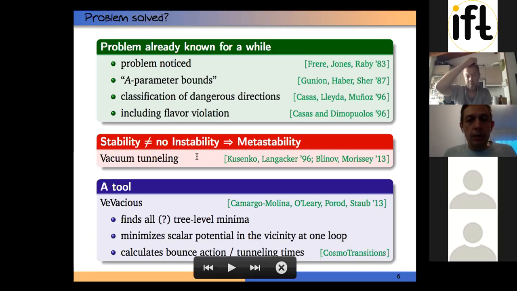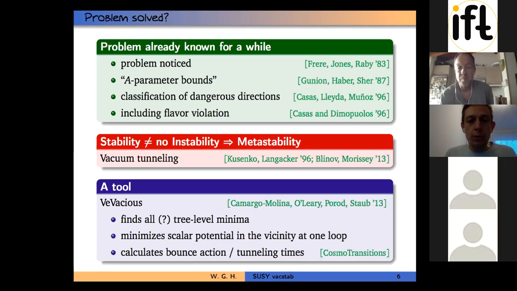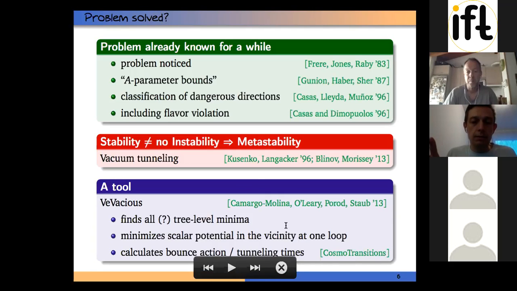And some years ago, there has been one computer tool being thrown to the market called Vivacious that attempts to find all tree-level minima of the theory and then also includes one loop corrections that are related to the normal Coleman-Weinberg potential, and then minimizes basically the one loop potential in the vicinity of the tree-level minima. And this uses another code, CosmoTransitions, at the end to calculate this bounce action and the tunneling times.